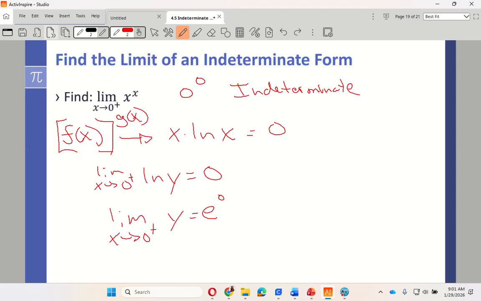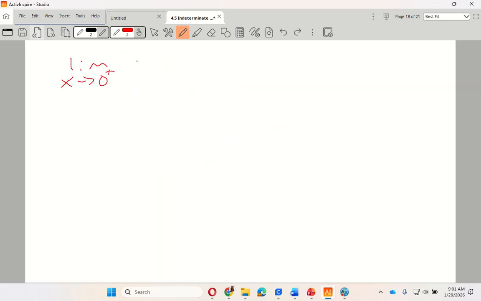My problem was x to the x. So if it is a 0 to 0 indeterminate, then I'm going to ln both of these. So now this was y equals x to the x. I'm going to ln both sides.